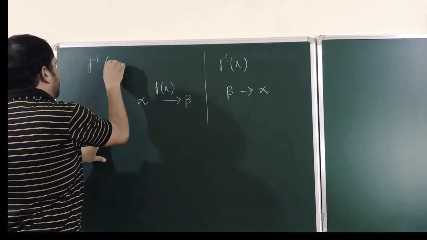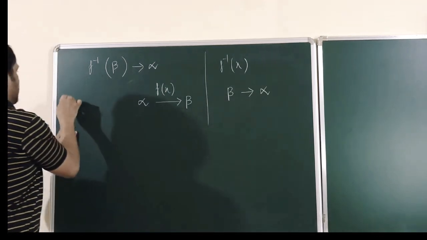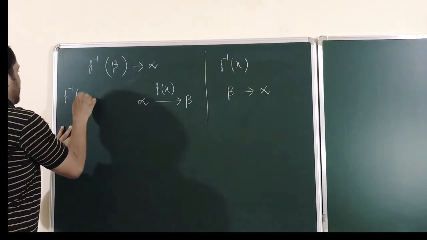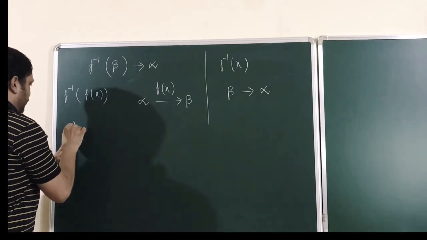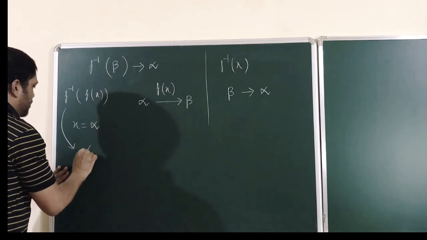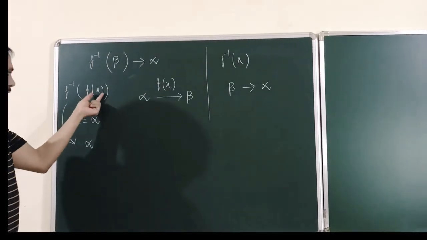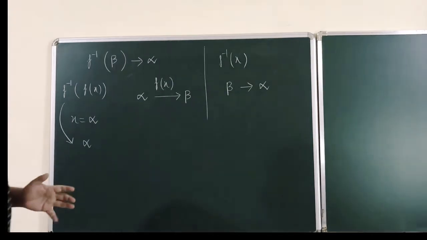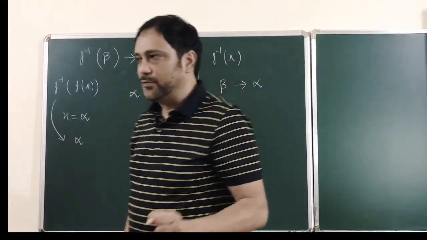So in f inverse of f of x, you started with the value of x equal to alpha, and finally from here you are also getting the answer alpha. Whatever input you write here, the same answer you will get in f inverse of f of x. I hope this point is clear to you.